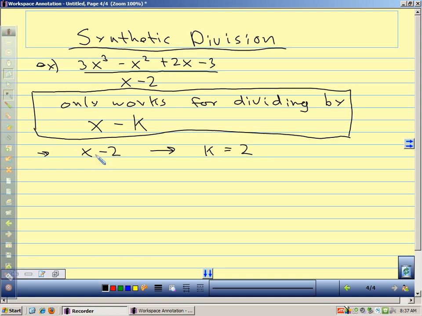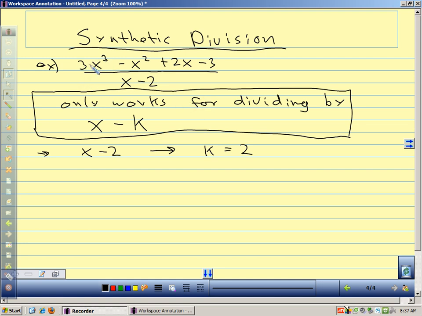Notice this is like when we talked about vertex form, or the coordinates of the center of a circle. We have to write it as x minus something, and the thing that we have here is opposite in sign to what we have there. So we have x minus 2, so k equals 2. For synthetic division, all I write down is the coefficients of my dividend, in descending order of powers.